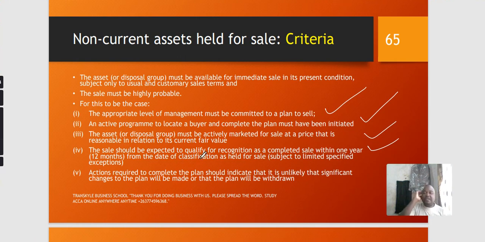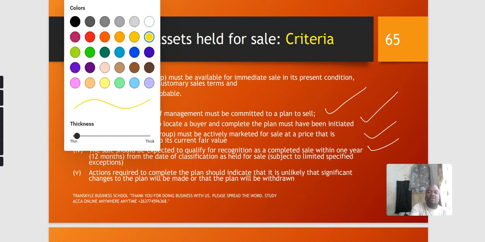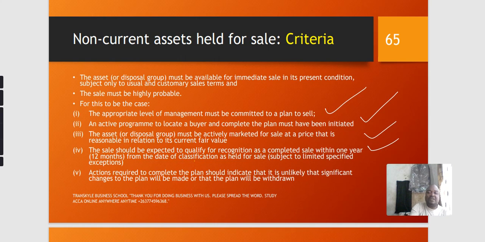Okay, an example could be where the delay to sell the asset has been caused by circumstances beyond the control of the entity. Okay, delay is due to circumstances beyond the entity's control.